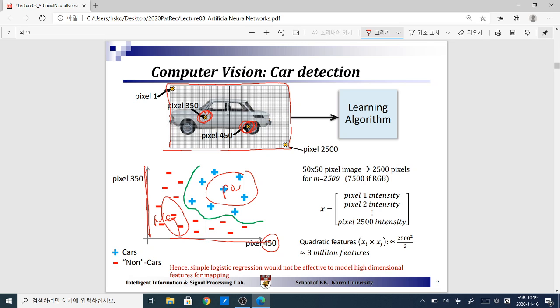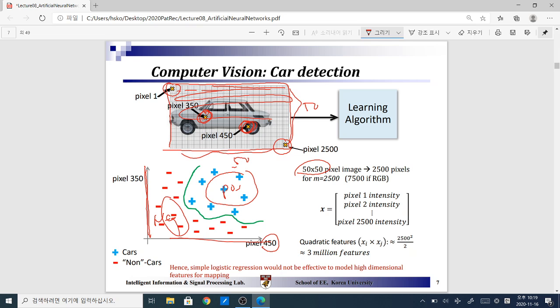It would start off with pixel 1, and then it sort of raster scans to the right, and then comes back here again, and so forth. And then the last one would be, say, the last pixel. And suppose you have 50 by 50 pixel images. So the vertical axis here is 50, and the horizontal would be 50 pixels.